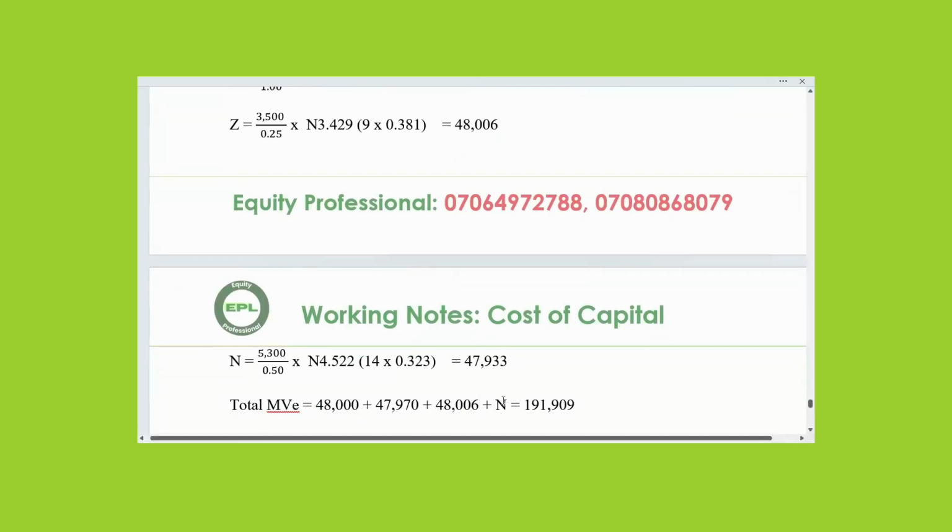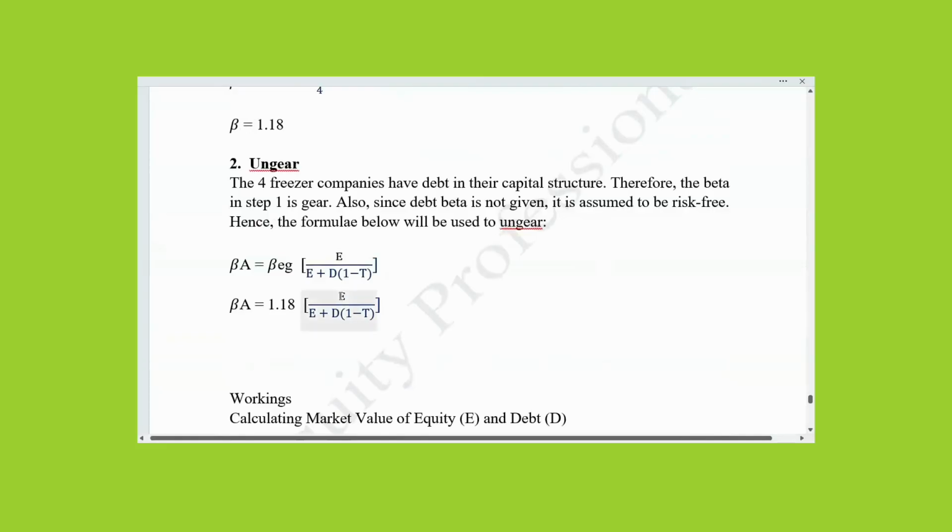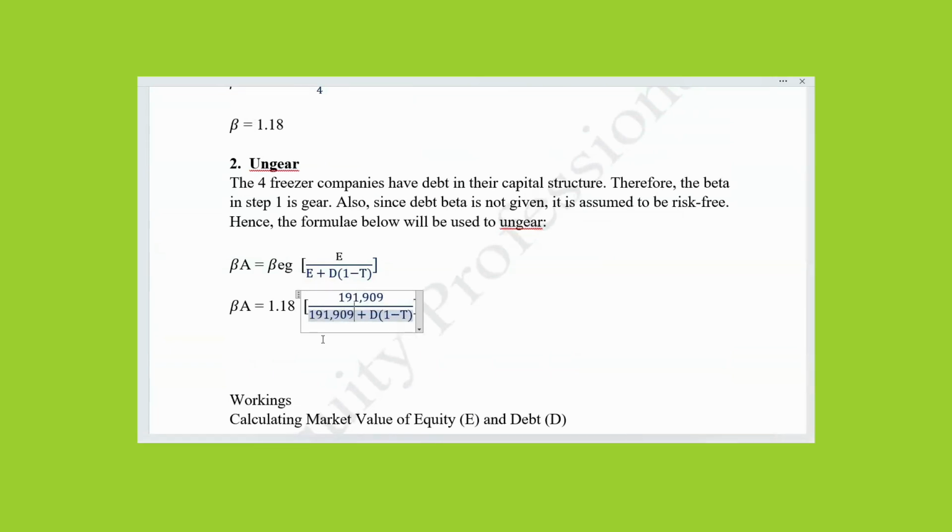And the last one is 47,933. So that's what gave us the total of 191,909. So now that we have the market value of equity, I will then come here in my formula. E is equal to 191,909 divided by 191,909.